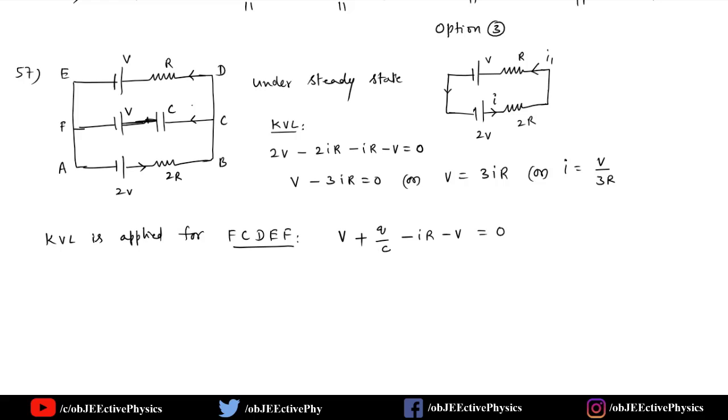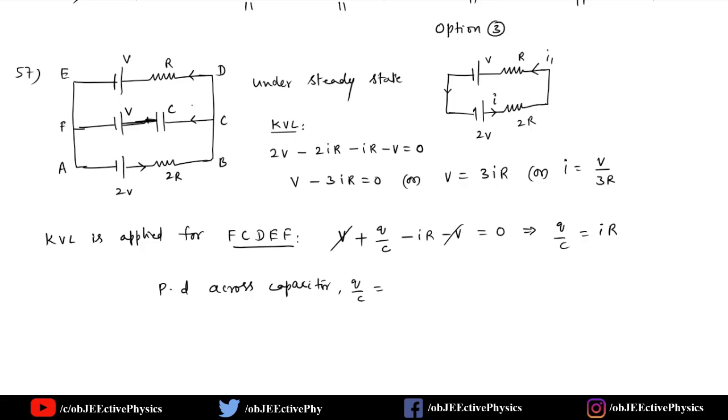So here minus V plus V cancel, that implies Q by C is equal to IR. Q by C is nothing but the potential drop across the capacitor. That is our answer, the potential difference across the capacitor.